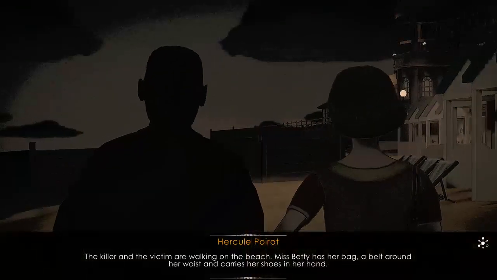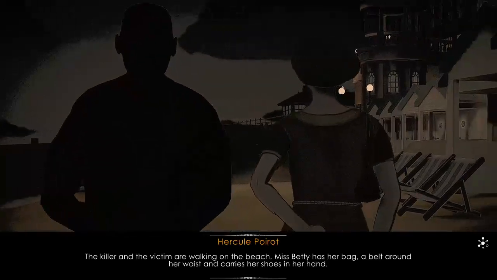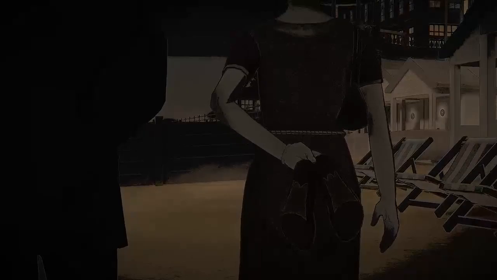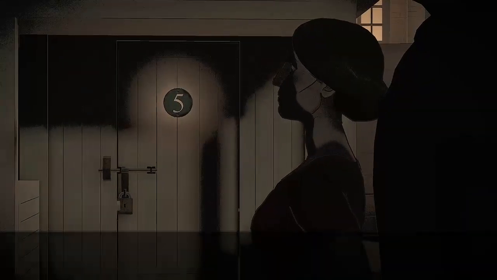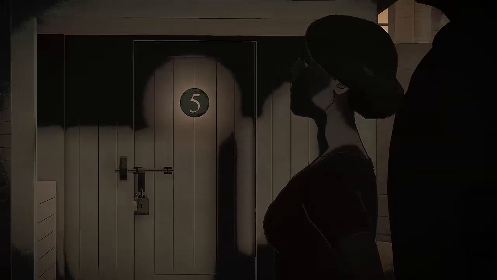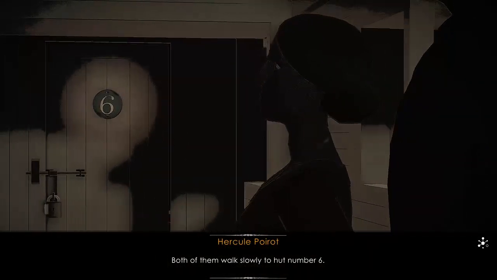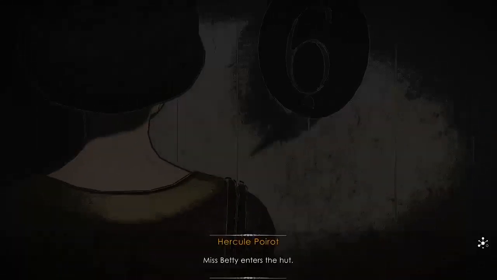The killer and the victim are walking on the beach. Miss Betty has a bag, a belt around her waist, and carries her shoes in her hand. Both of them walk slowly to hut number 6. Miss Betty enters the hut.